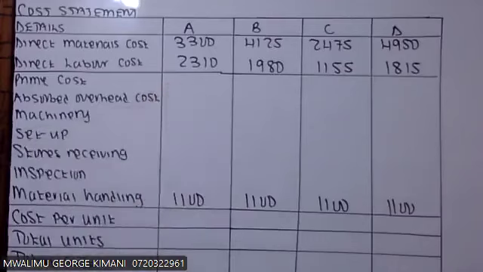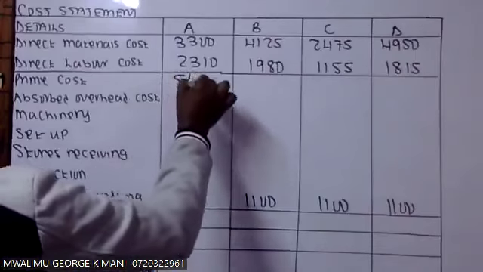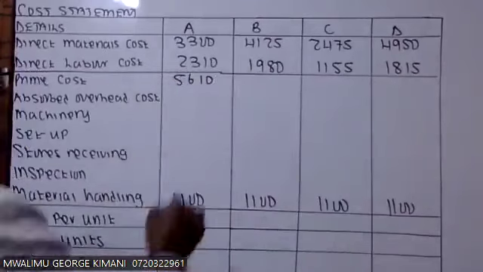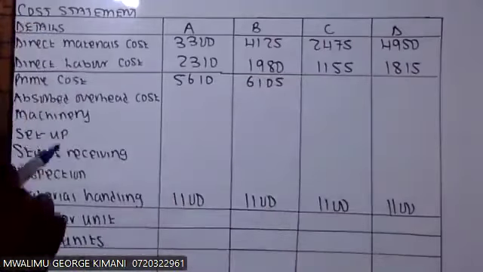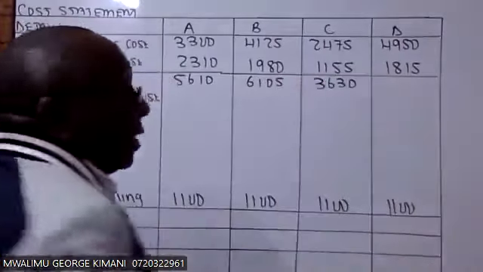Start giving me these totals once you are there. If the 610, B 6105, C 3630, and 2310.